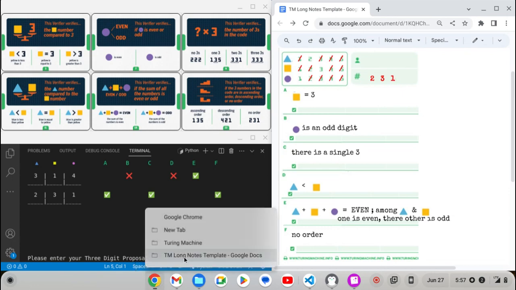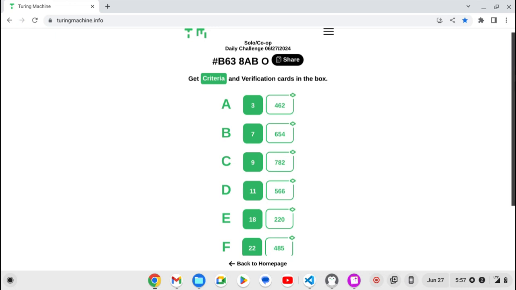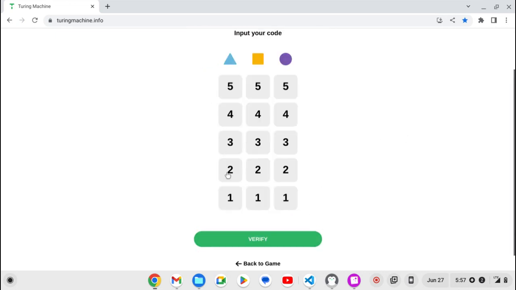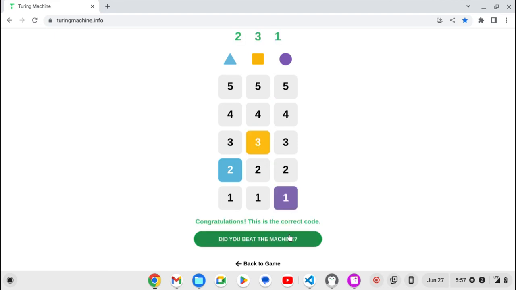So let's just confirm, and then we'll do the Turing test to see if we beat the Turing machine or not. So, okay, yeah, that's great. So what did we test?